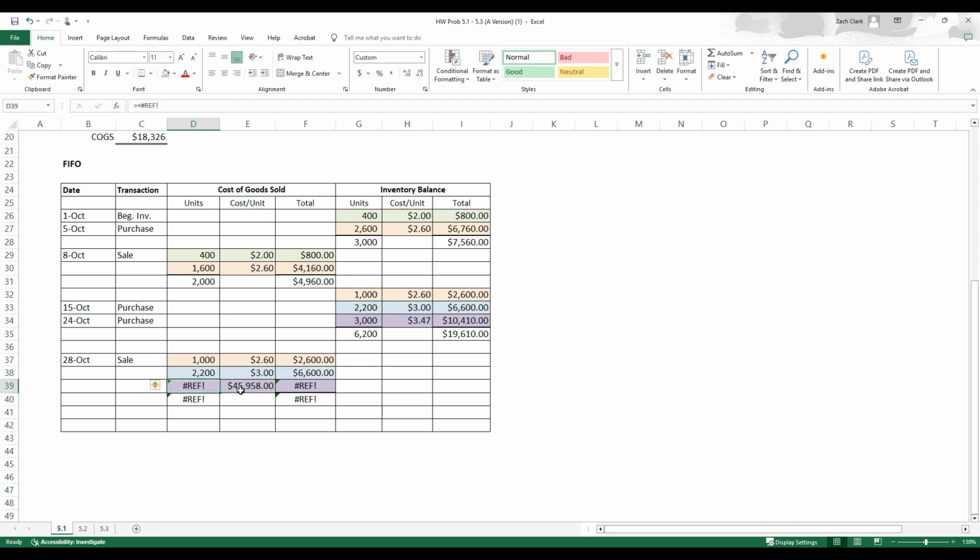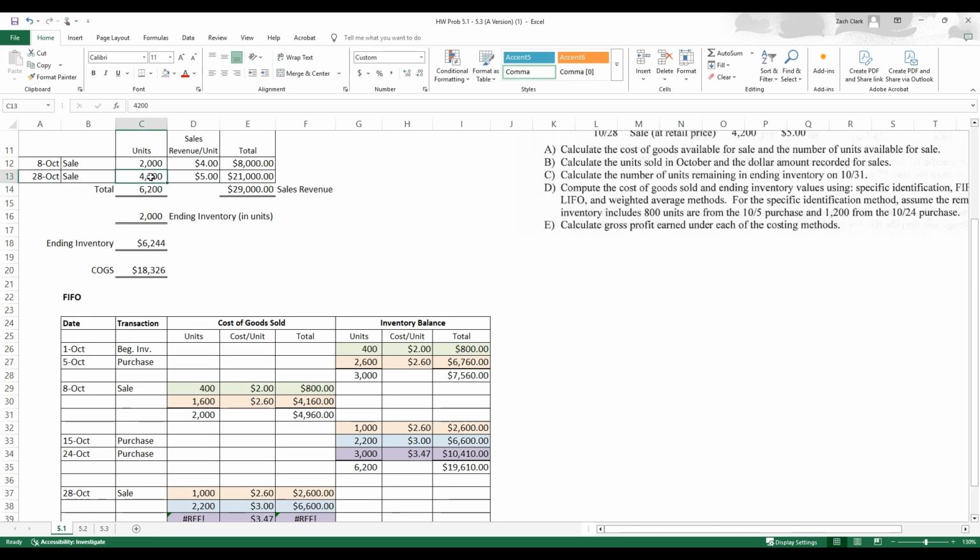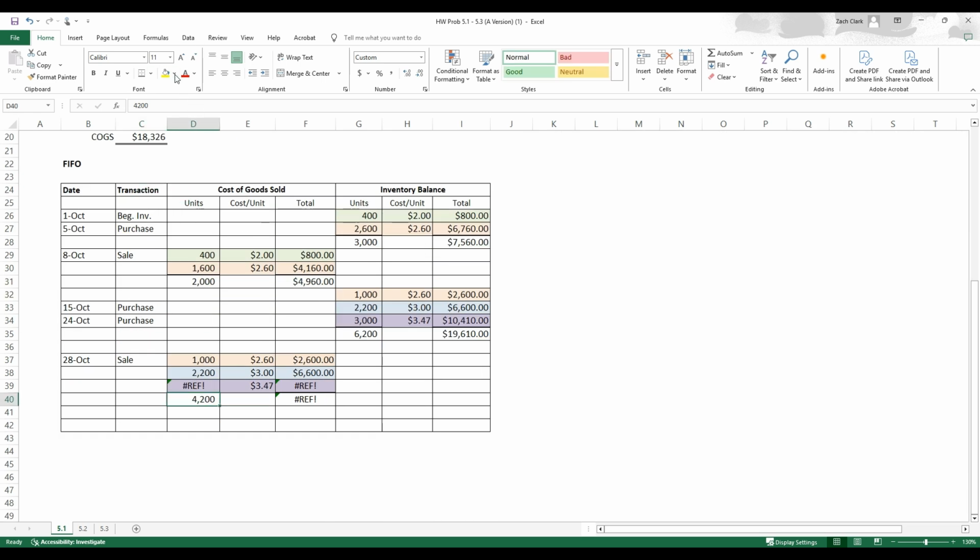And then for our final portion here, we're going to do the dollar cost per unit. We're going to link from this, but it's not the 3,000. We're going to link here. But instead, let's go ahead and just type in the 4,200 because we sold 4,200. That's what we're trying to total to. So 4,200.